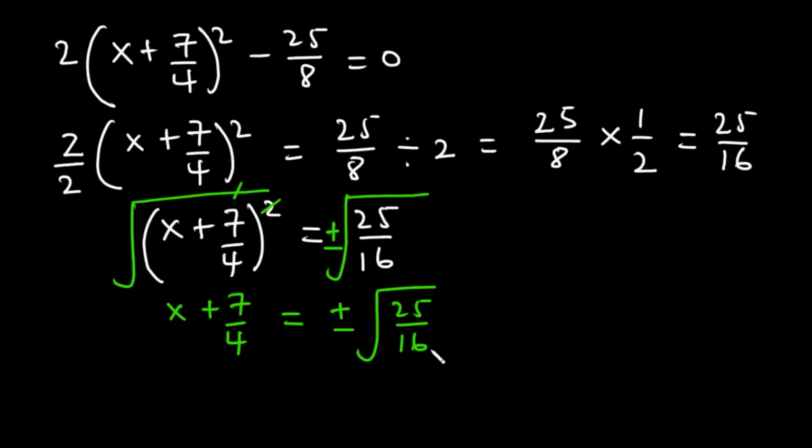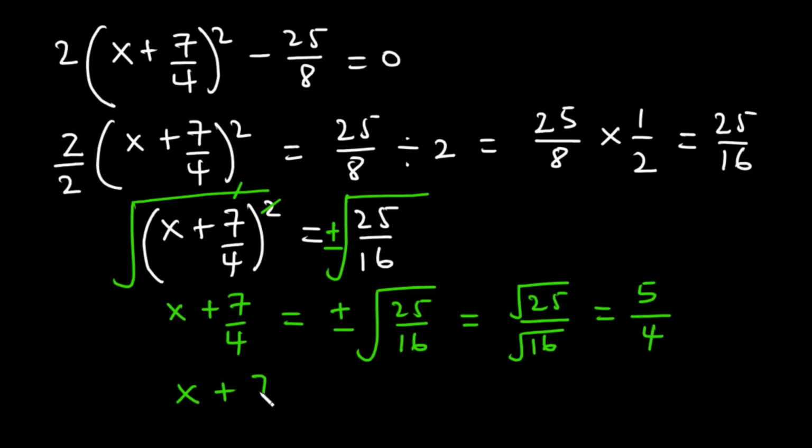Now the square root of 25 divided by 16 is equal to root of 25 divided by root of 16. The square root of 25 is 5 because 5 times 5 is 25, and then the square root of 16 is 4. So finally it's going to be x plus 7 over 4 is equal to plus or minus 5 over 4.